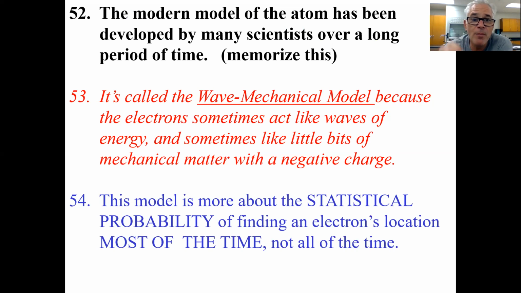Many people. Now, the modern model is called either the modern model or it's called wave mechanical because it's hard to remember. Wave mechanical. And that's because the electrons sometimes act like waves of energy, or sometimes they act like little mechanical bits of matter that spin around with a negative charge. Now, this is a really weird thing. Sometimes in science, things are hard to understand. And this is one of these deeply complicated, almost existential, how the heck can we ever make sense or understand this?